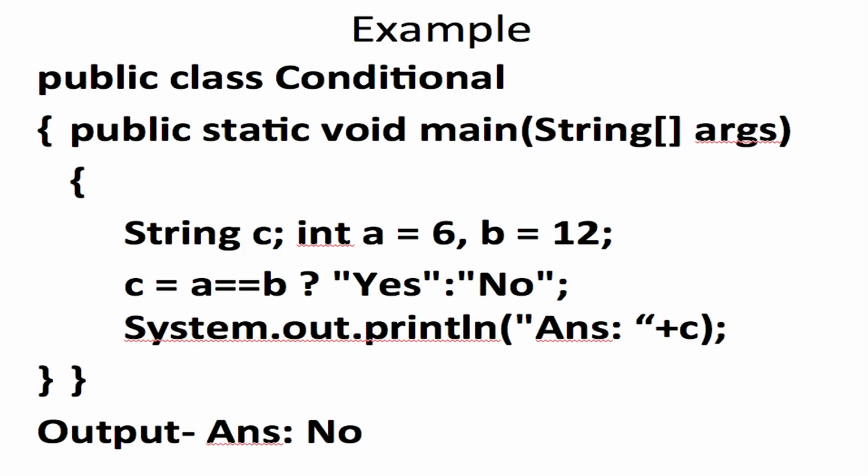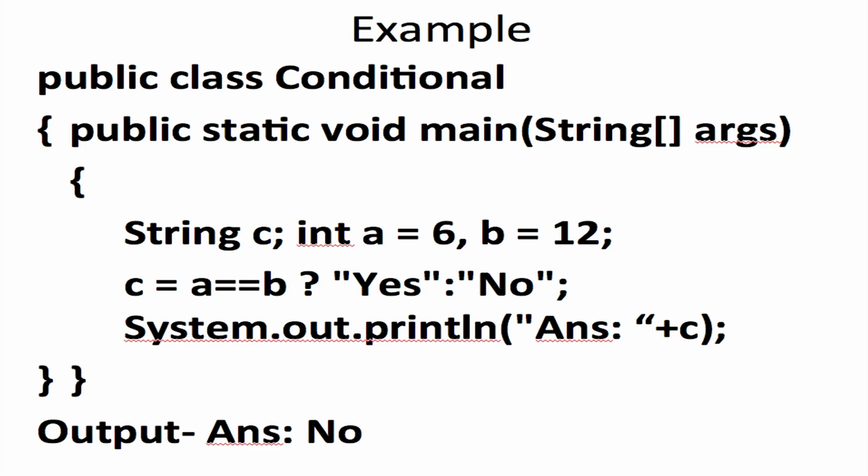Here we have the class Conditional, and inside the Conditional class we have public static void main, and inside main we have three variables. The first variable is c, and two variables a and b whose values are assigned here in the program. c is a string type variable, however a and b are integer variables, and 6 is assigned to a and 12 is assigned to b.